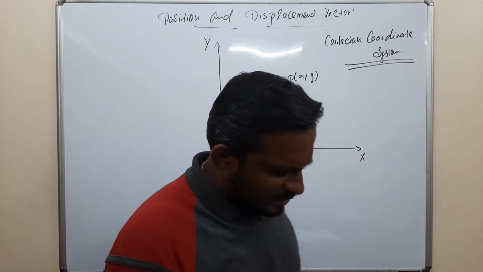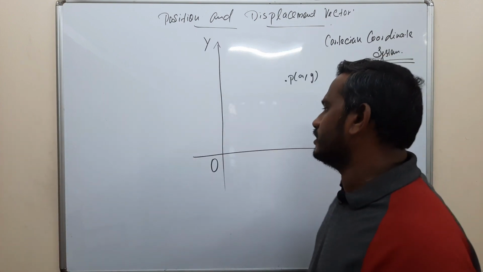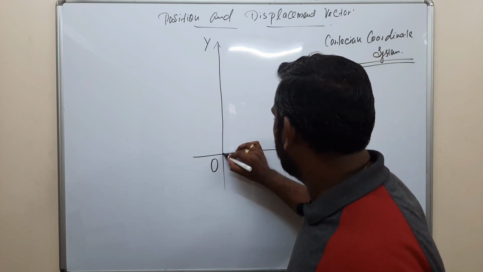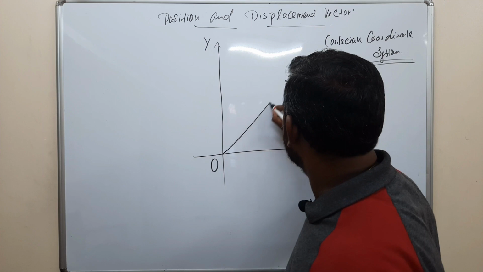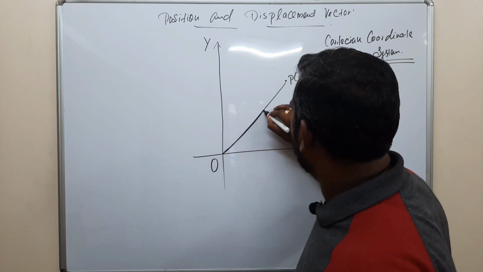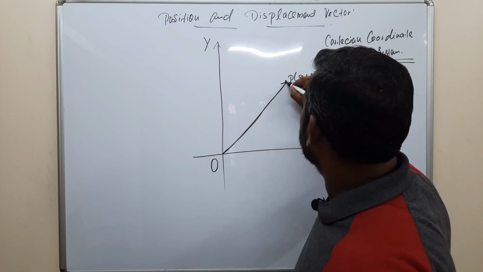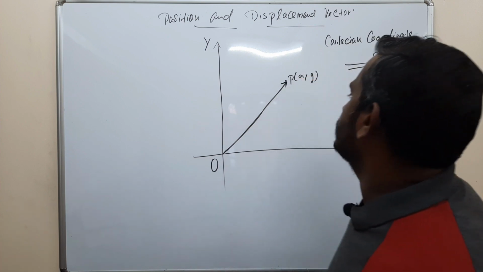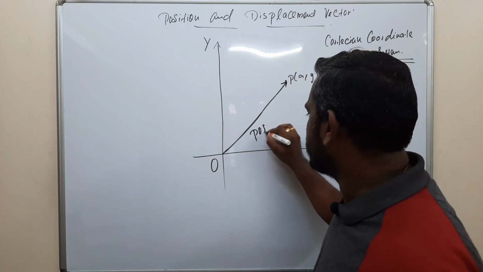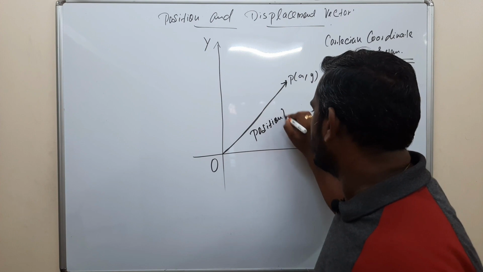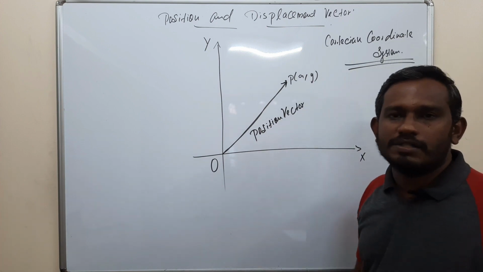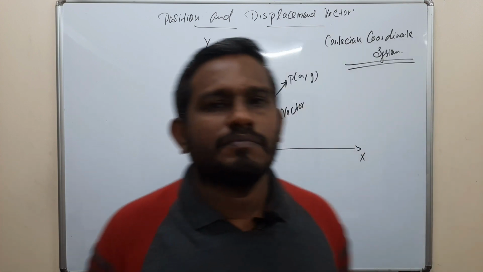If a vector is drawn from the origin to the object, then it is called the position vector. The vector drawn from the origin to the point is called the position vector.